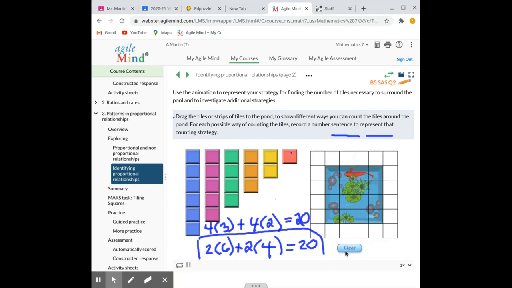Let's see if we can get another one. Can I go? Yeah. Use one green block. No, bring it up. Stop trying to play sneaky. And then get one yellow block. And then do the same thing to the other side.